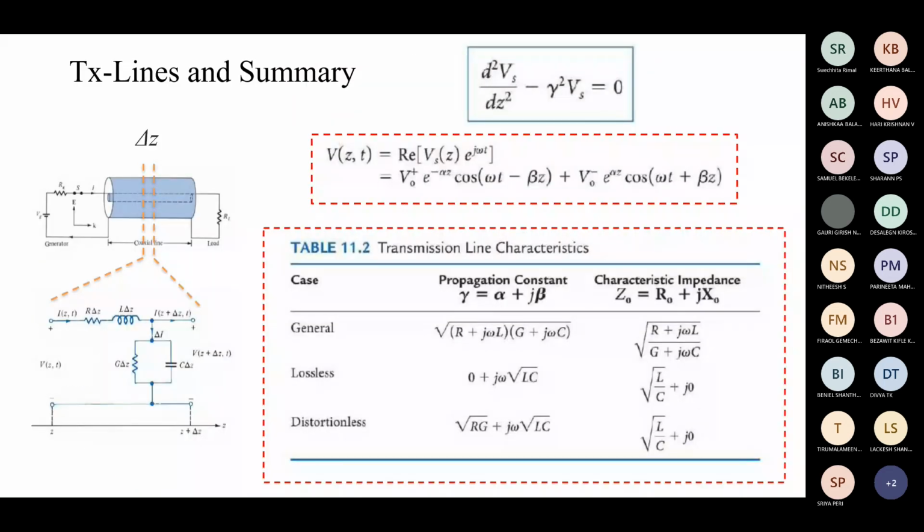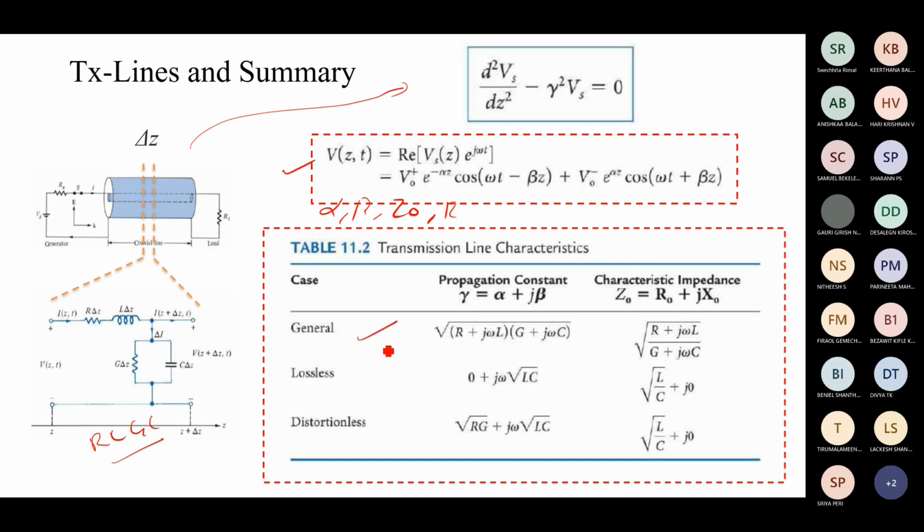In summary, the transmission line is modeled into distributed RLGC elements, which we call distributed elements. By this, we can get equations for voltage and current. From that, we got the wave equation. The solutions were arrived at, where alpha, beta, characteristic impedance, R, L, G, C, everything is connected. We call these the primary and secondary constants of the transmission lines, which are summarized here.